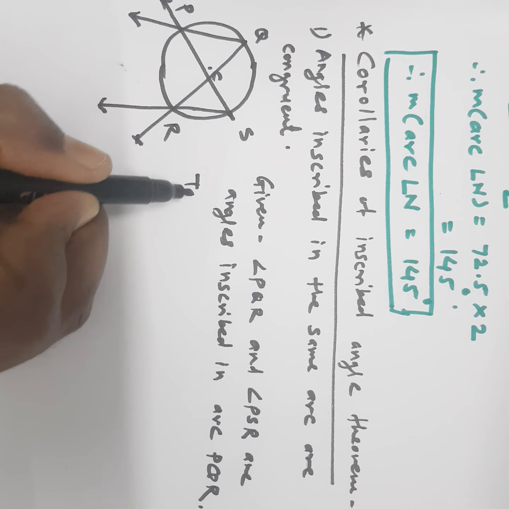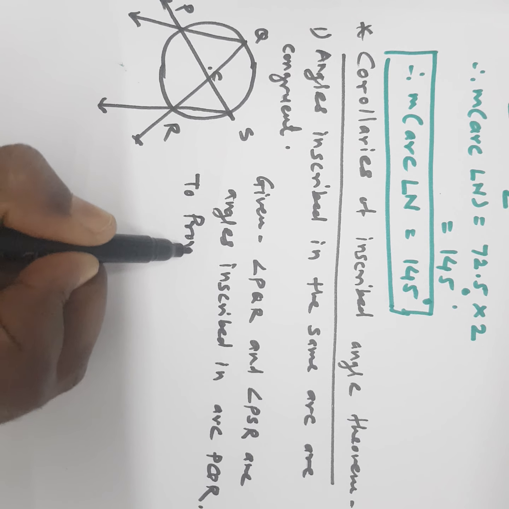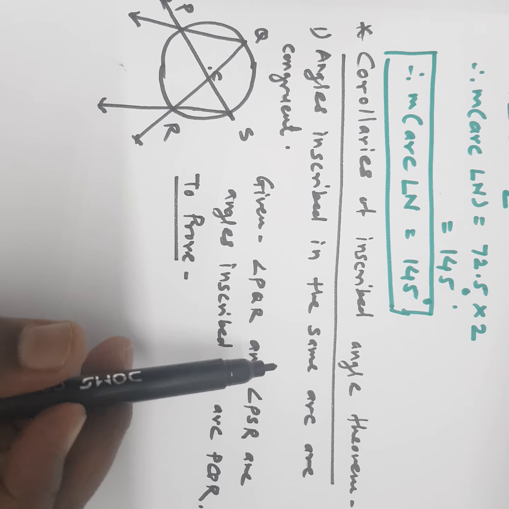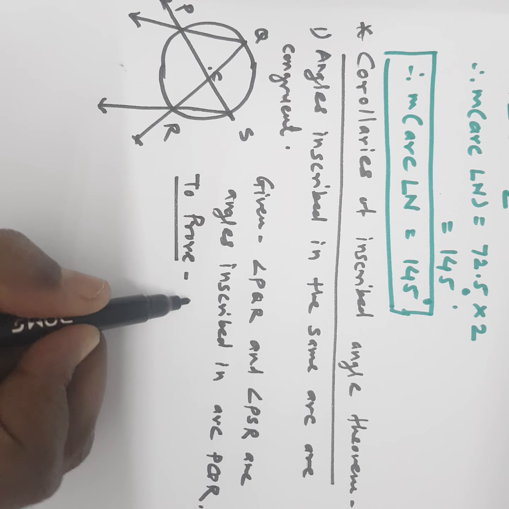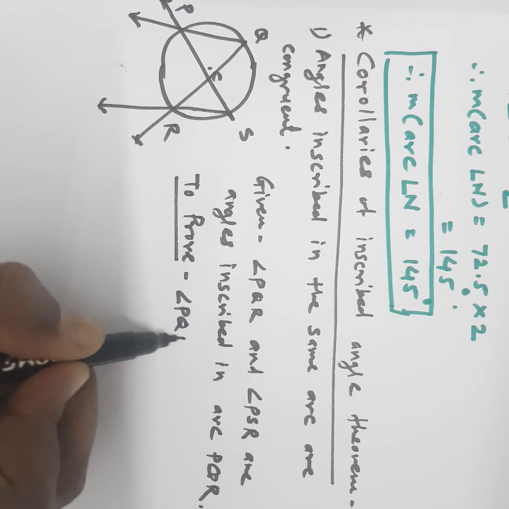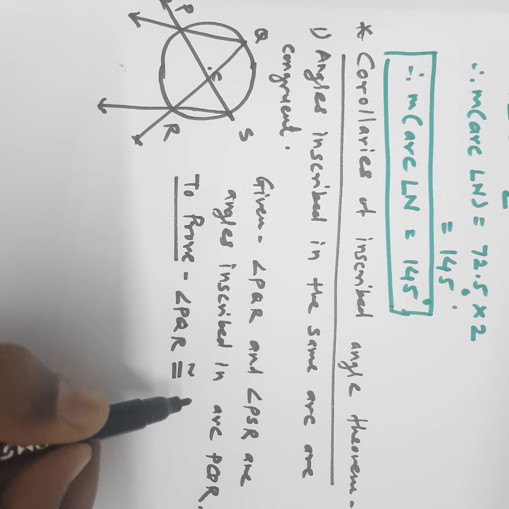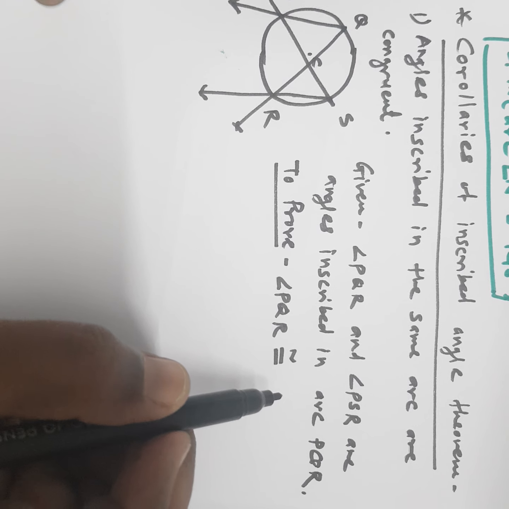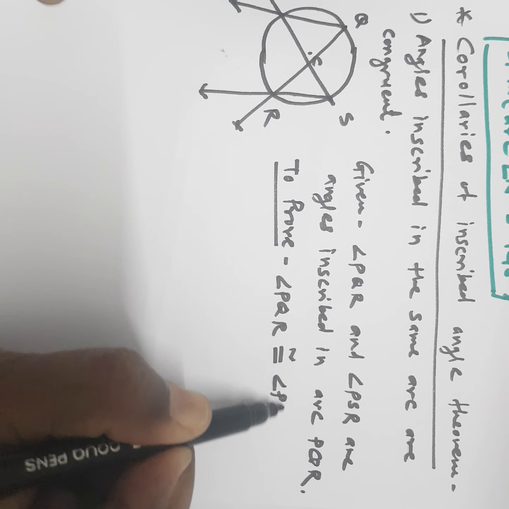Then what is to prove? Angles inscribed in the same arc are congruent, means angle PQR is congruent to angle PSR.